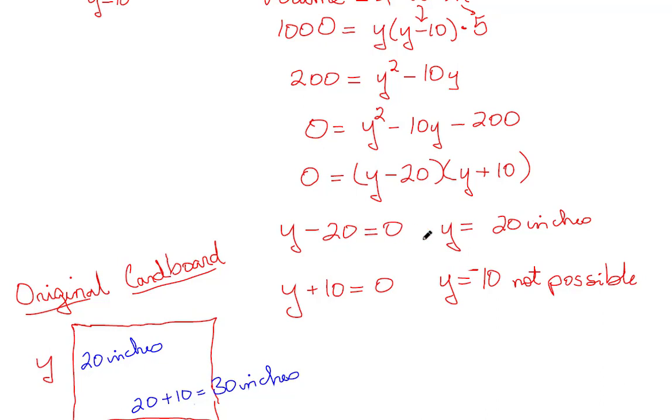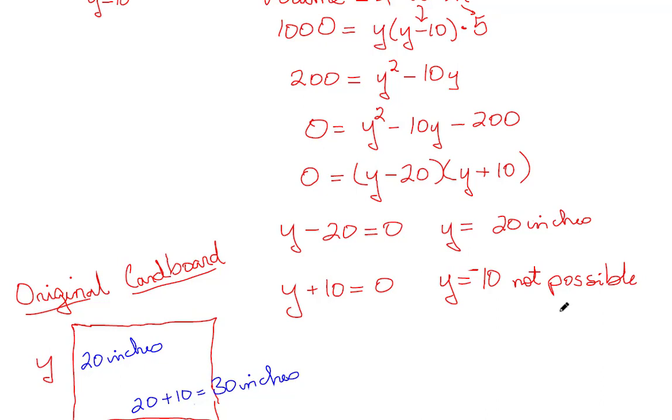Alright, so if I set the first one equal to 0, I get y equals 20. That's possible. That's a physical length. And the other, I would get y plus 10 is 0, giving me y is minus 10. But that's not possible because we're talking about physical sizes and lengths.